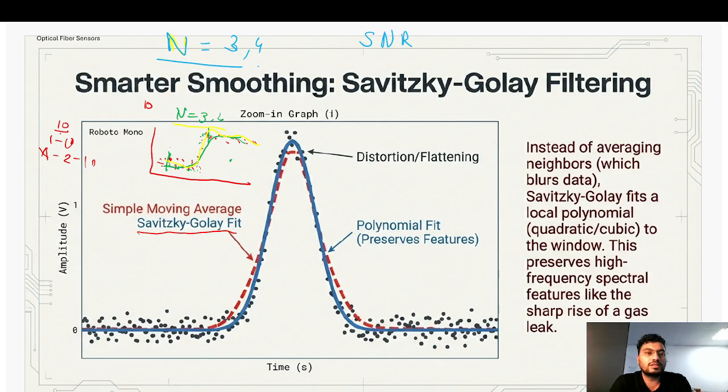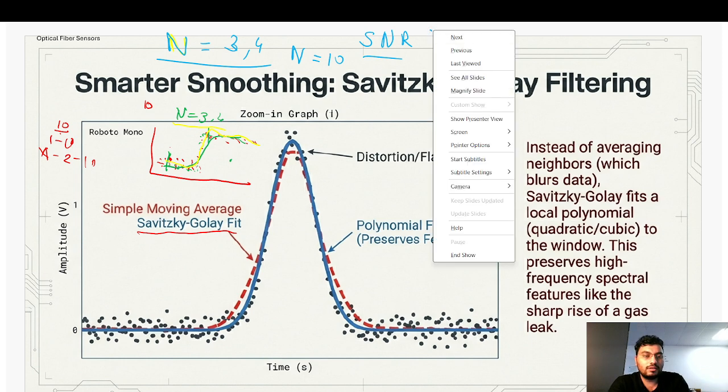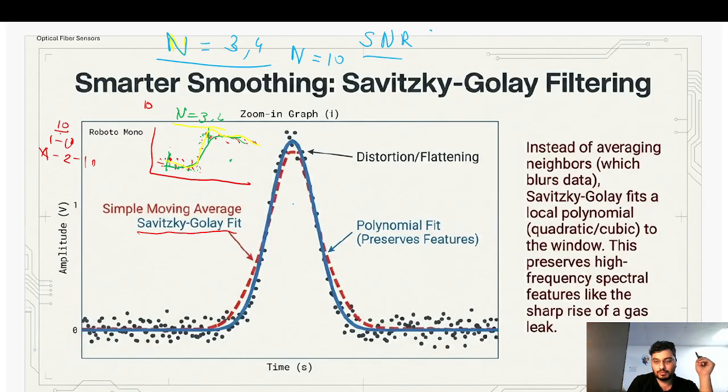But if you are increasing n to 10 to improve SNR, then you will have a problem getting the proper square wave. So that's the problem. Okay.